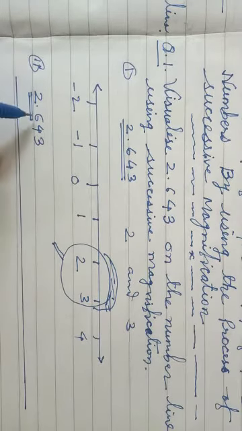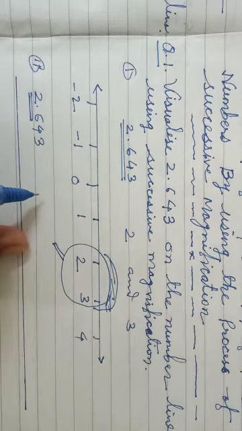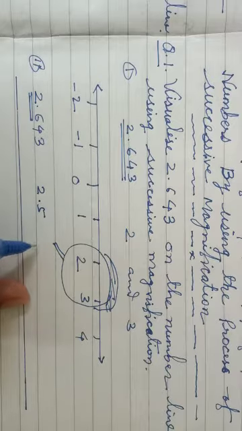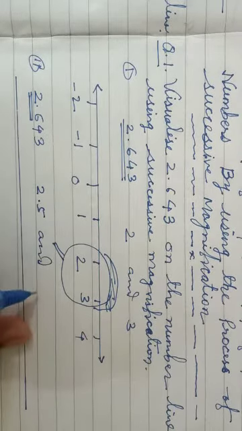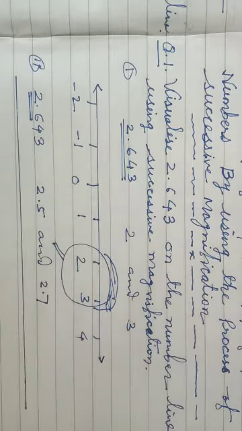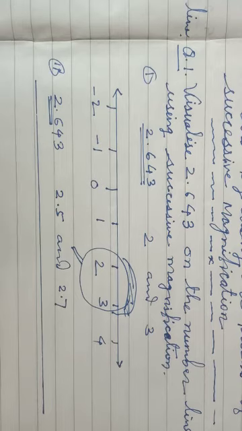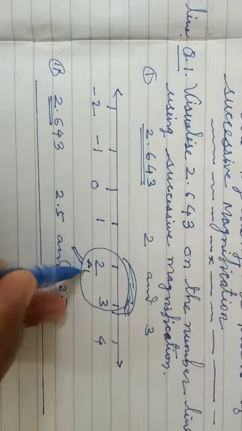It means 0.6, 2.6, and 2.6 lies between 2.5 and 2.7.